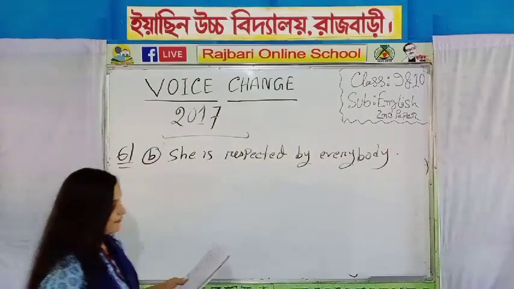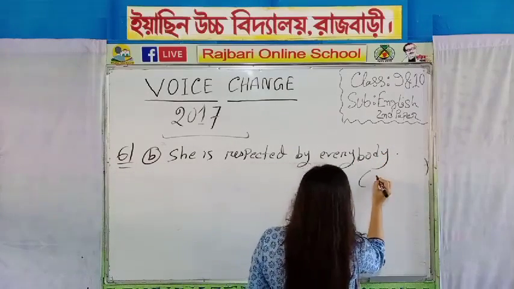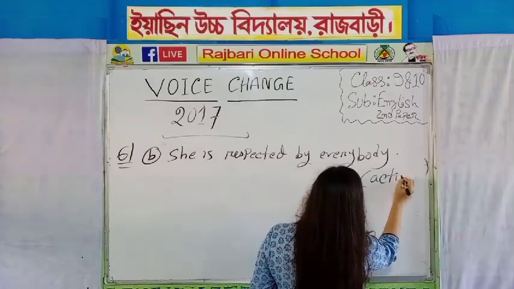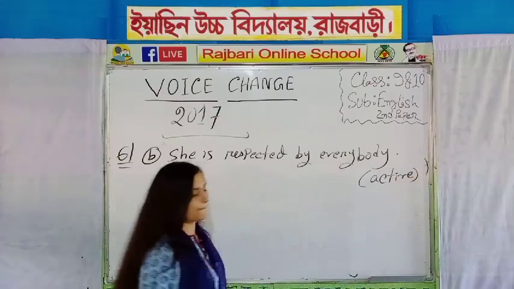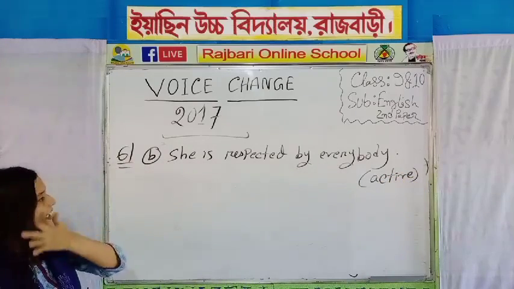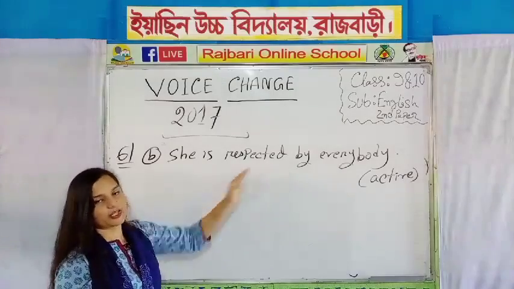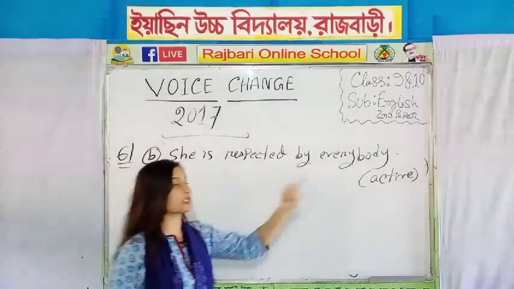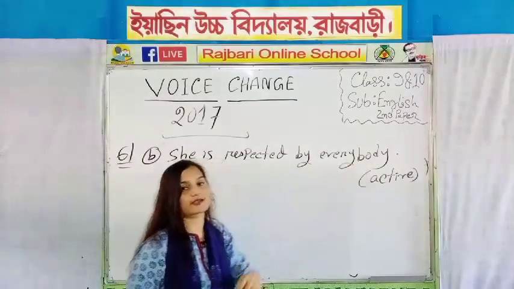She is respected by everybody. You have to do it in active voice. Right? So that means this sentence is in passive voice. You have to do it in active voice. That has been written down in instruction here in bracket.